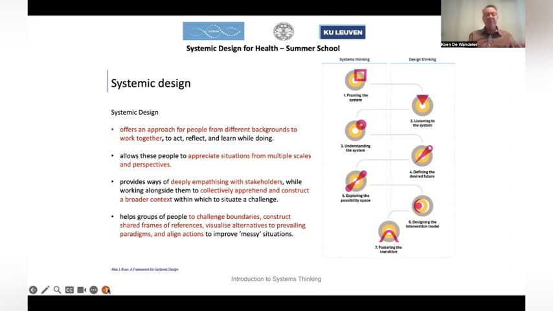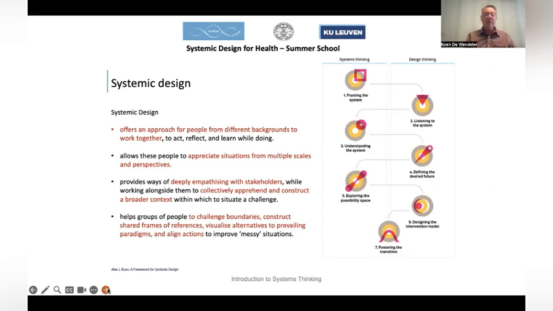Methodologies that bring together people from different backgrounds to work together, just like you all are from different backgrounds, culturally, linguistically, education and discipline are different. You all are here because you appreciate the different scales at which you can work. You empathize with the stakeholders because this is a workshop on health.